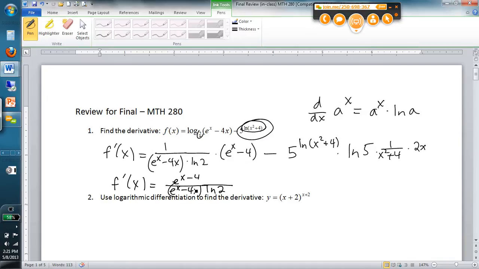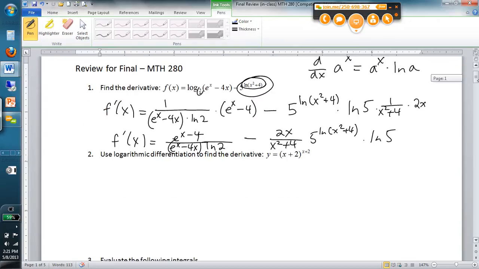No, it's not quite going to cancel because this one is e^x minus 4. This one is e^x minus 4x. So it almost canceled. I don't know how we clean that up. I don't know how I'd want to write that, but it's not going to clean up very well at all, so we'll call that good.